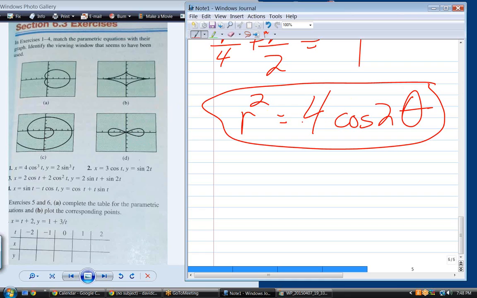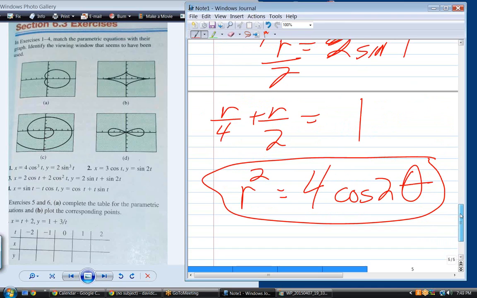Something that looks like this, then it's this. Okay. Well, we didn't get that when we broke that down. We got r over 4 plus r over 2 equals sine squared plus cosine squared, or 1. So I don't know what that one is, but we should be able to figure out the lemniscate, this curve here.